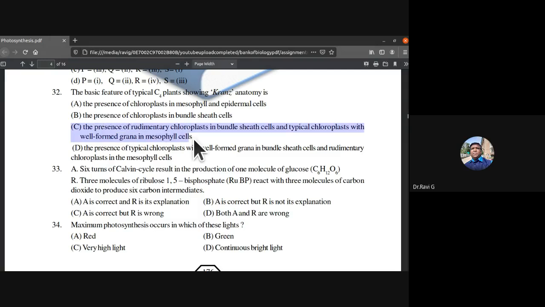C. Or is it the presence of typical chloroplast with well-formed grana in bundle sheath cells and rudimentary chloroplast in the mesophyll cells? D is wrong, A is wrong, B is wrong. The right answer is C. They have a rudimentary chloroplast, that is agranal chloroplast in bundle sheath cells and granal chloroplast in mesophyll cells. So C is the right answer, 32nd.